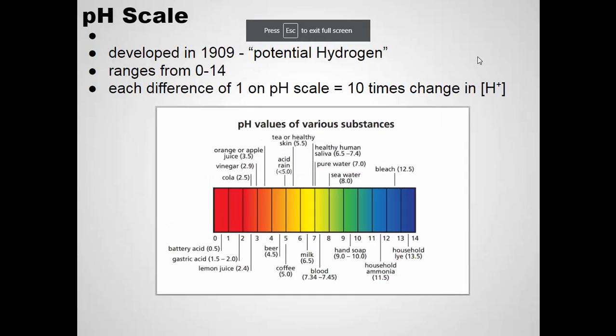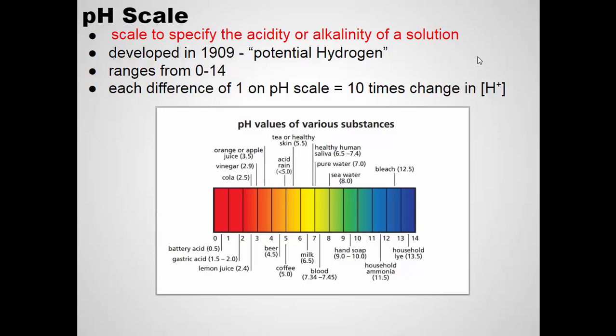All right, so the scale that we use to measure acidity is called the pH scale. And you guys heard about it a little bit. It's a scale that was developed that sort of specifies the acidity or the alkalinity of a solution. It was developed in the early 1900s. It stands for potential hydrogen, pH.